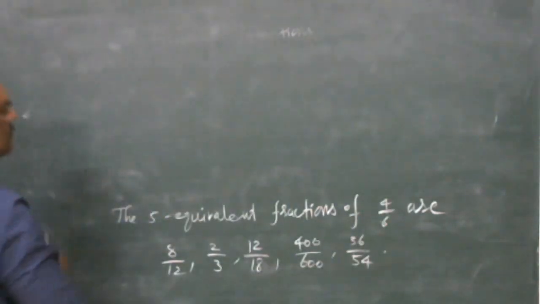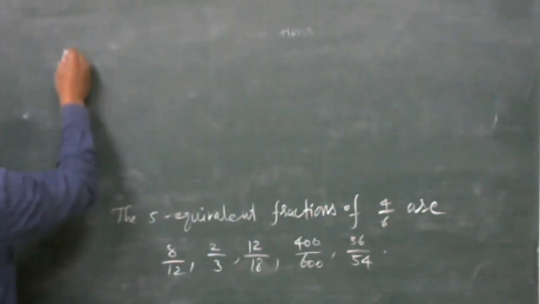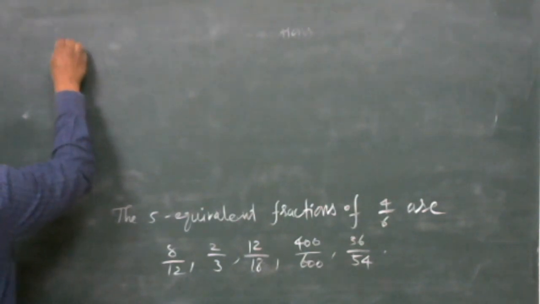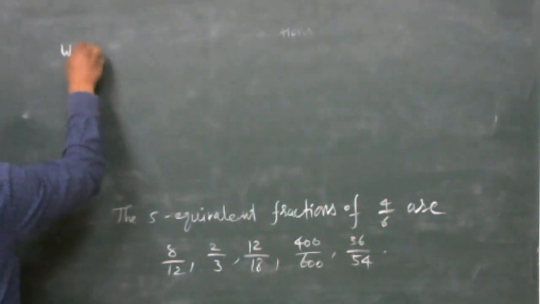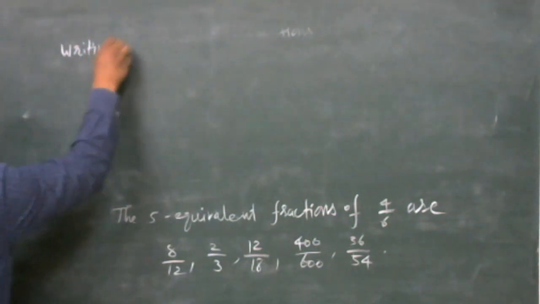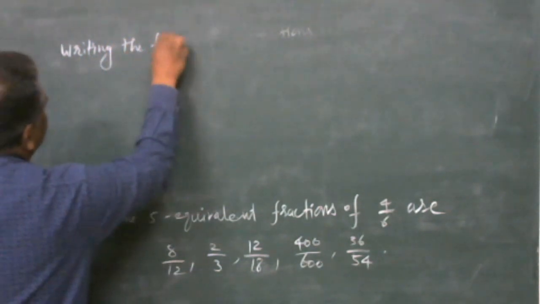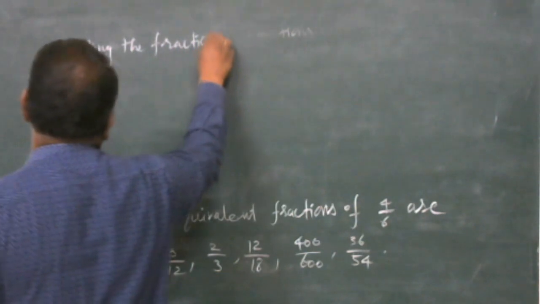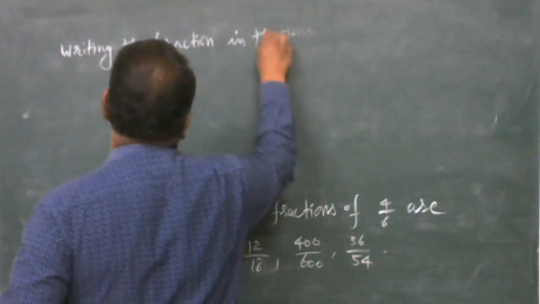So equivalent fractions. Then the next concept is reducing the fractions, or writing the fraction in the simplest form.